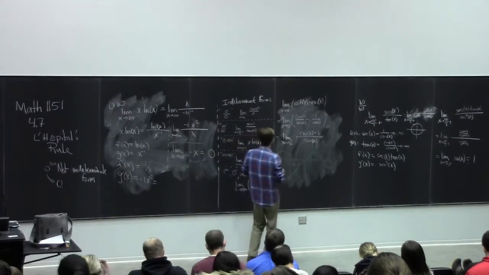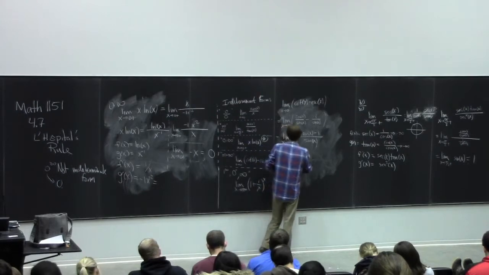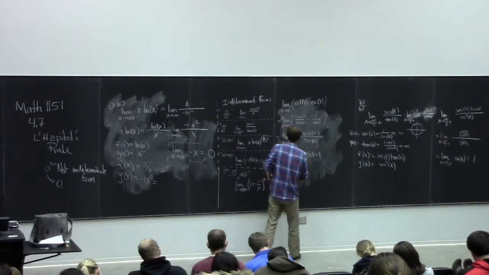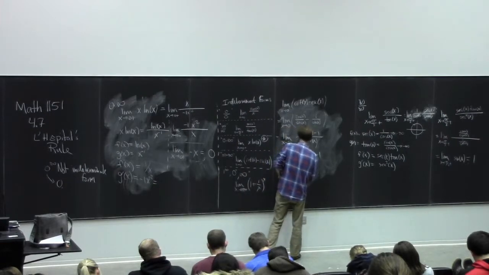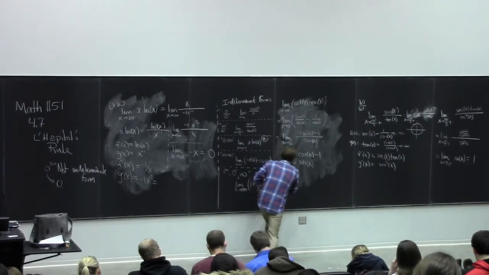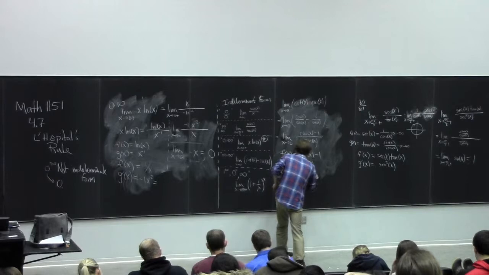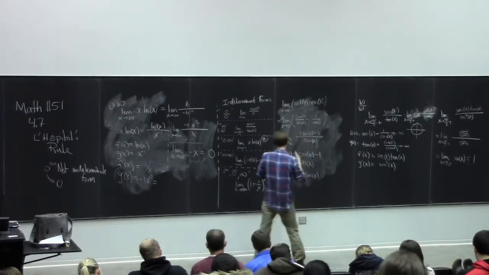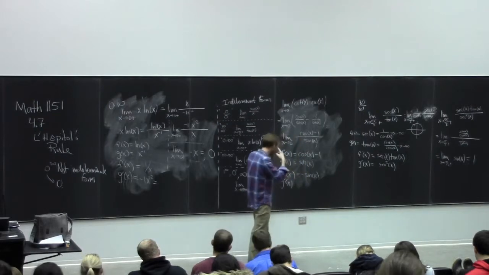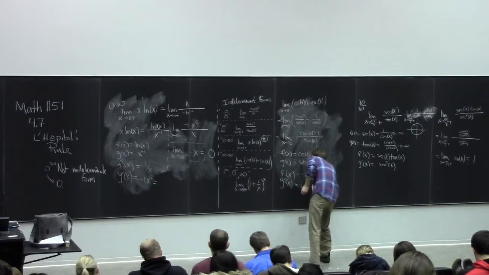Okay, I can handle this. I set f of x equal to cosine of x minus 1, g of x is equal to sine of x. And now I take the derivatives. F prime of x, derivative of cosine is negative sine, minus sine of x. And the derivative of g of x, derivative of sine, is cosine of x.